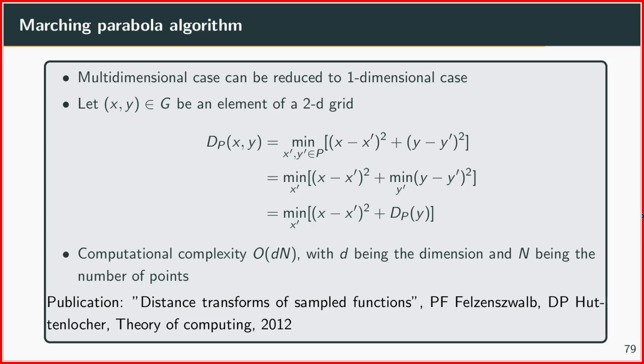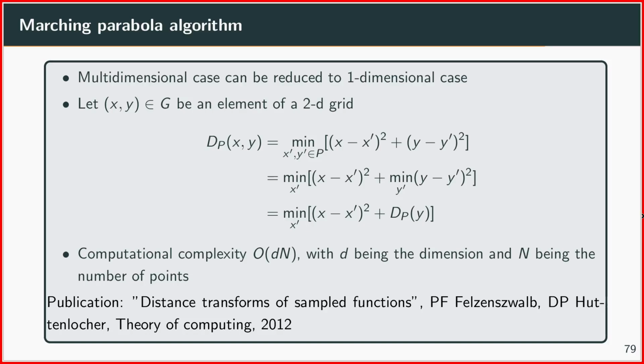For example, if you have a 2D grid, then the expression for the signed distance field of two variables, x and y, can be simplified to an expression where you first compute the signed distance field for y, and then use it as an additional input scalar for the problem of computing the signed distance field for x.